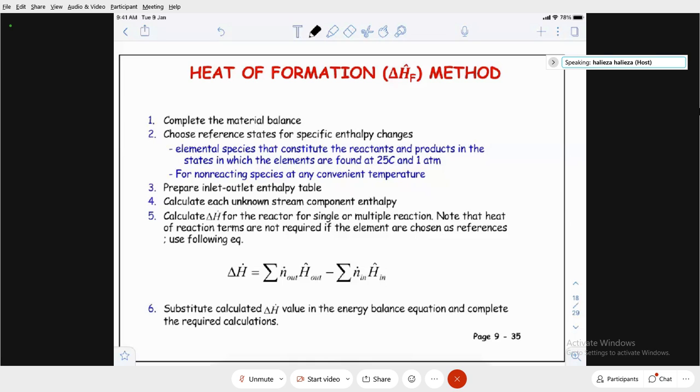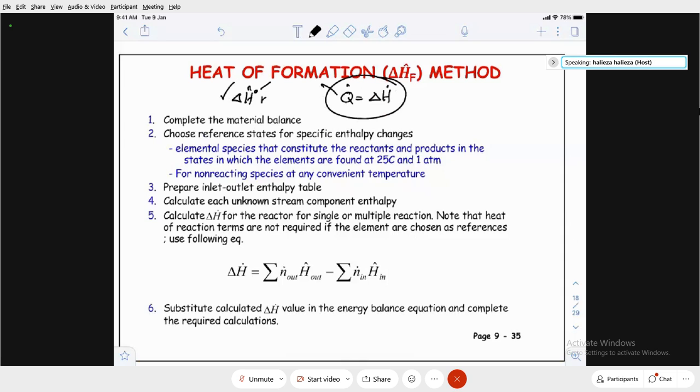There are two things here. The heat of formation can be used to calculate your heat of reaction, and this can be used to calculate your heat, which is your energy balance. There are two methods here using the same heat of formation. So we have covered this, and we're going to look at this.